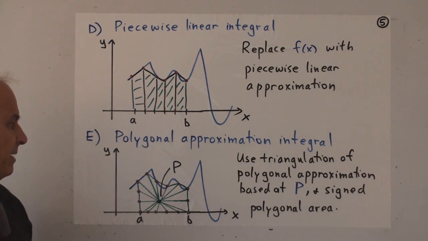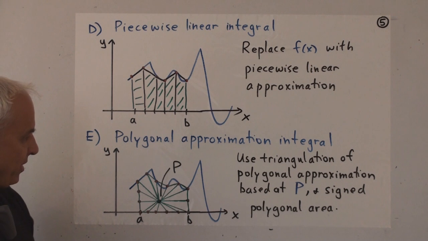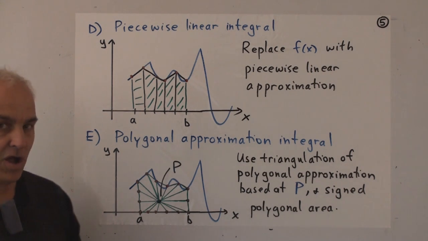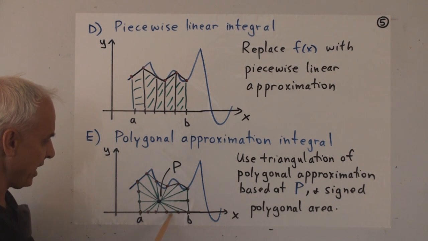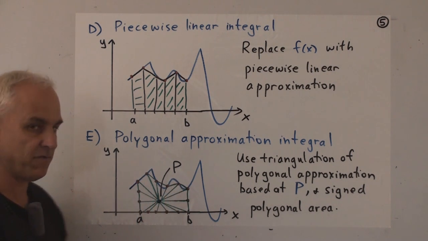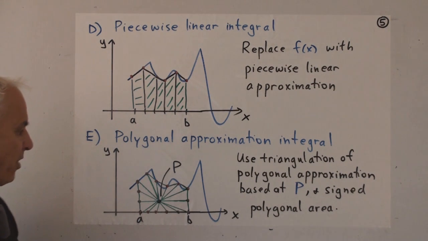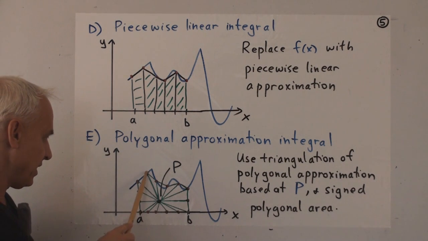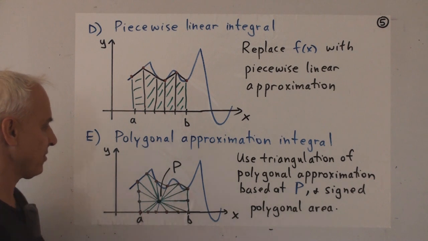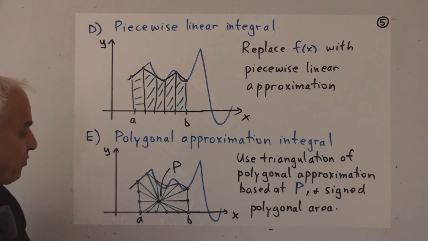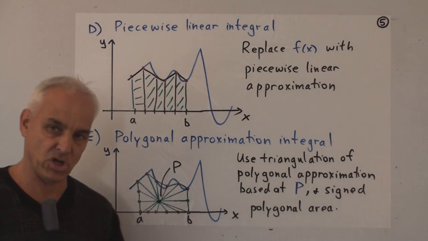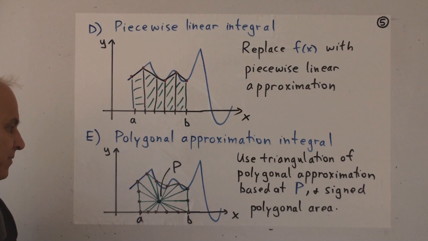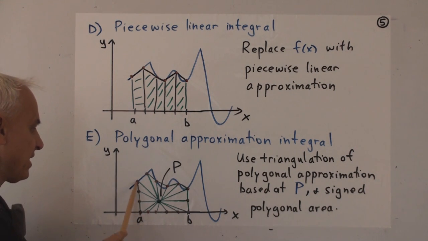Another possible approach to the integral is to think about a polygon, to think about the graph and the two sides and the x-axis as forming some kind of, well, something that's almost a polygon. So by choosing randomly spaced or arbitrarily spaced points on the function, we could create a polygonal approximation to this region with just a finite number of vertices.